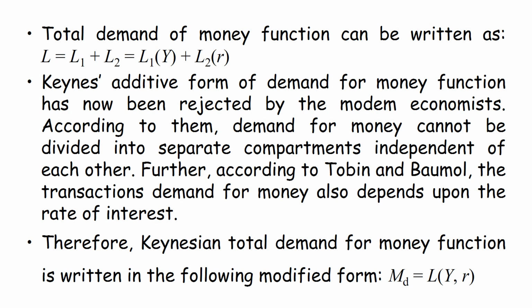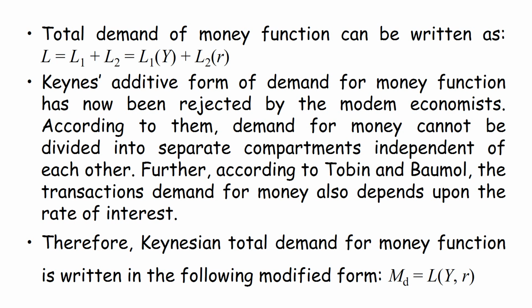But Keynes's additive form of demand for money function has now been rejected by modern economists. According to them, demand for money cannot be divided into separate compartments independent of each other. Further, according to Tobin and Baumol, the transactions demand for money also depends upon the rate of interest.